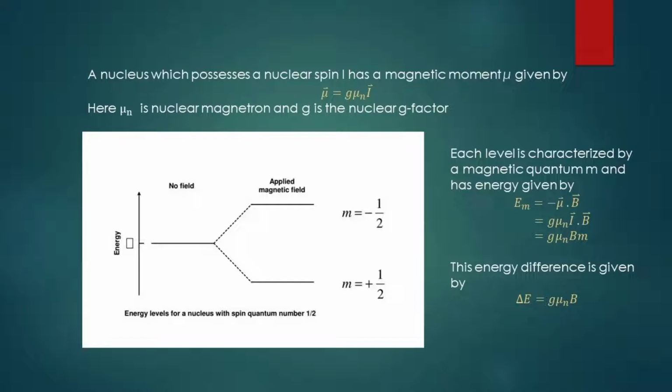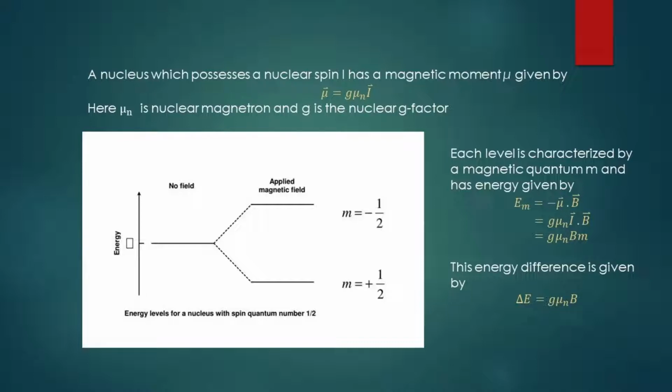The initial populations of the energy levels would be as per the Boltzmann distribution. As we have read, N1 is equal to N0 e to the power minus delta E by kT, where N1 is the population of the excited state and N0 is the ground state.